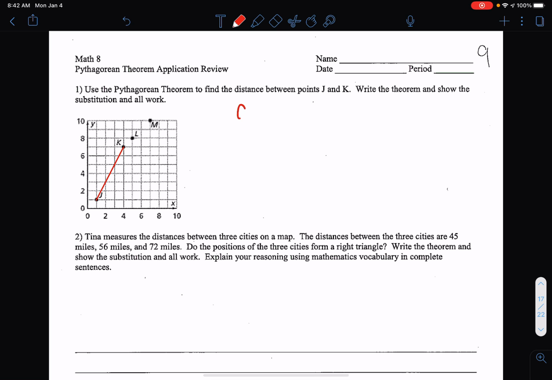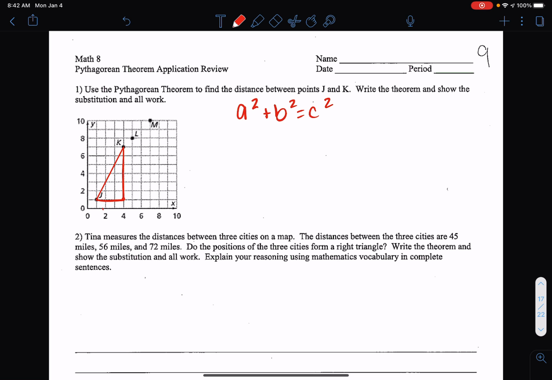Okay, so I have my Pythagorean theorem, which is a squared plus b squared is equal to c squared. And in order for me to find the distance, I'm going to have to draw my 2 legs on both sides. Now, I'm going to count how many units each leg has.